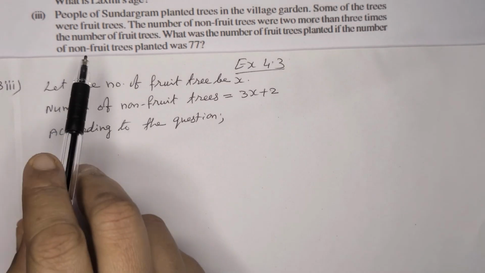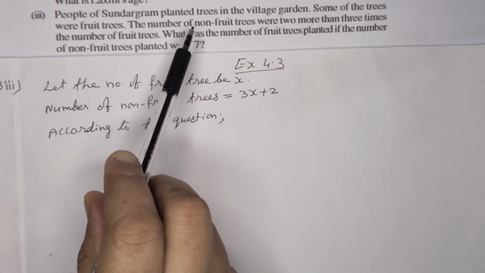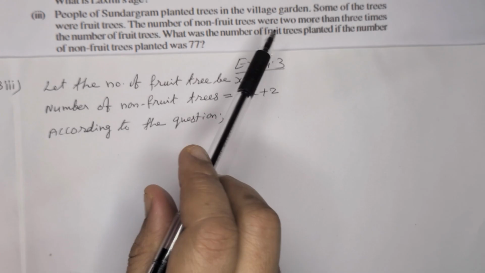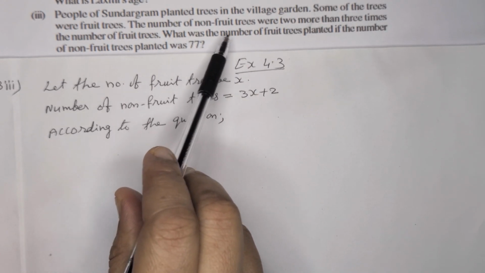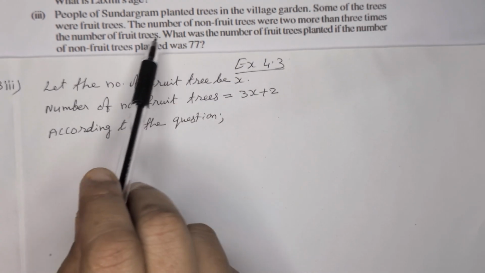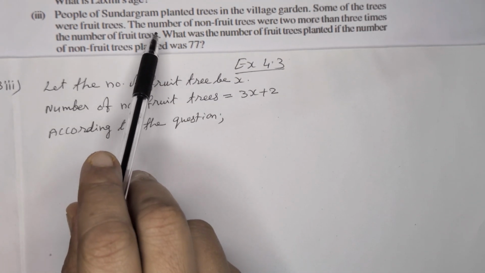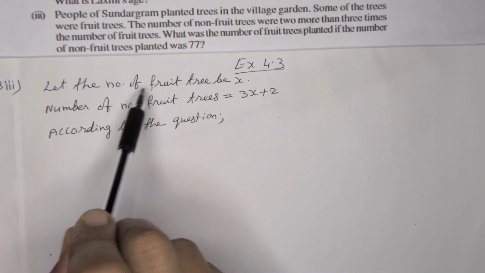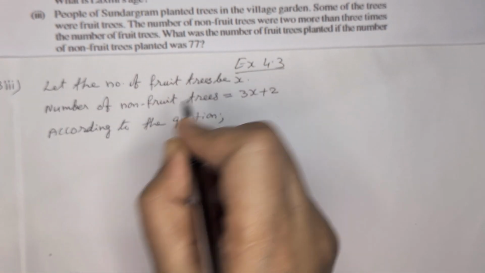Third part of the question. People of Sundargram planted trees in the village garden. Some of the trees were fruit trees. The number of non-fruit trees were 2 more than 3 times the number of fruit trees. So we can take the number of fruit trees as a variable. Let the number of fruit trees be x.